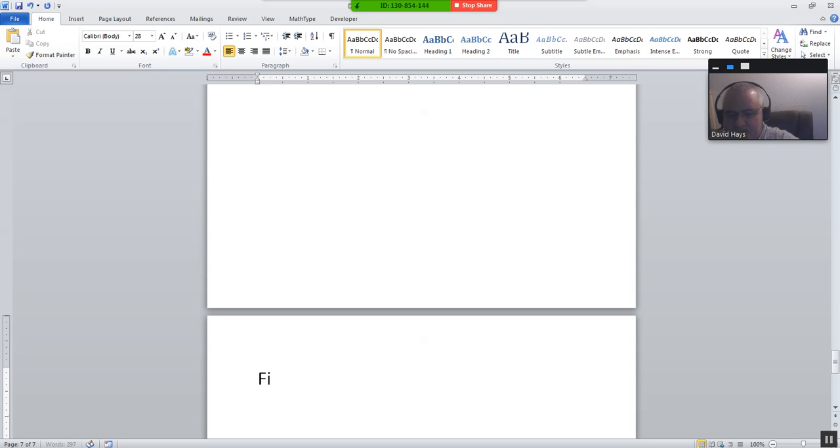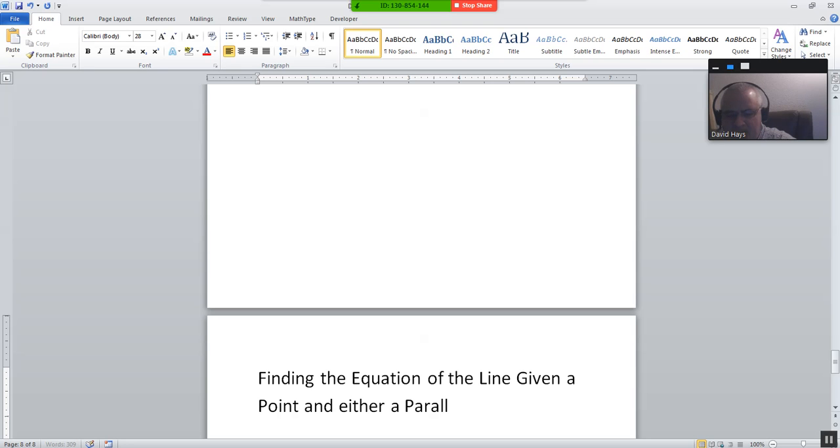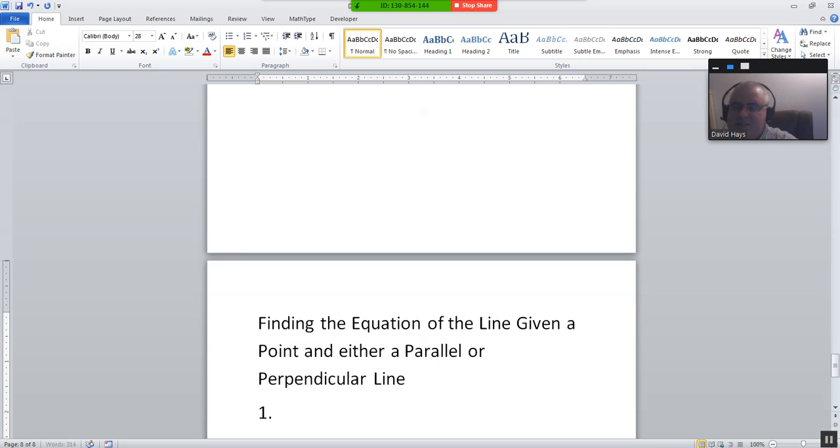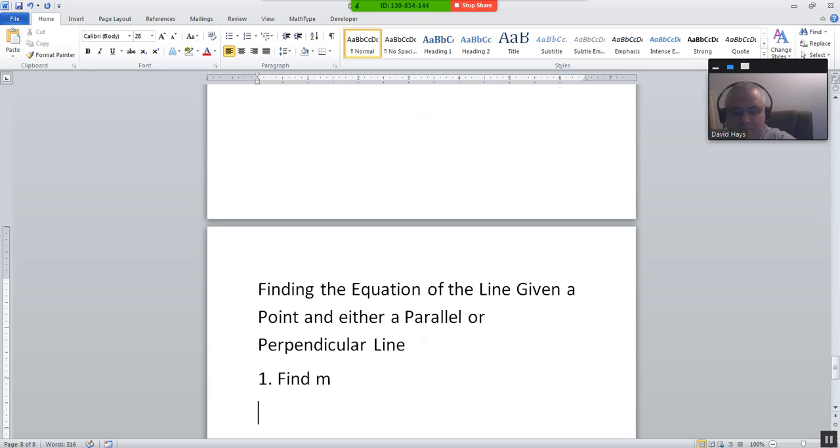So finding the equation of the line given a point and either a parallel or a perpendicular line. Step 1. Find m. Our first substep says to write the given line in slope-intercept form.